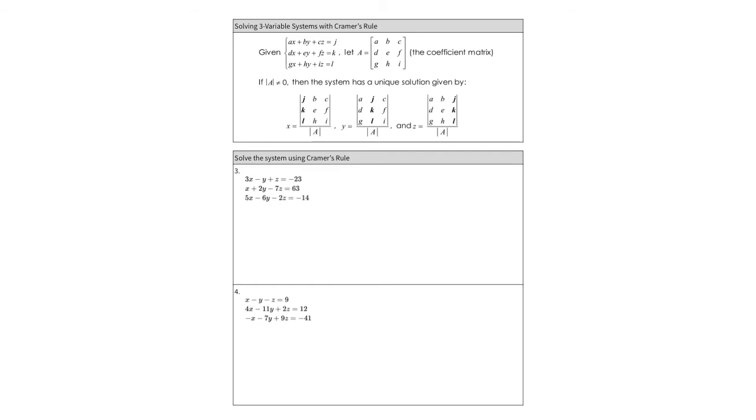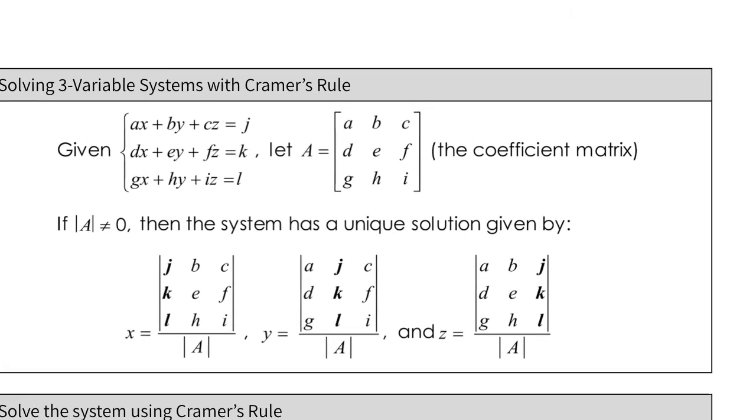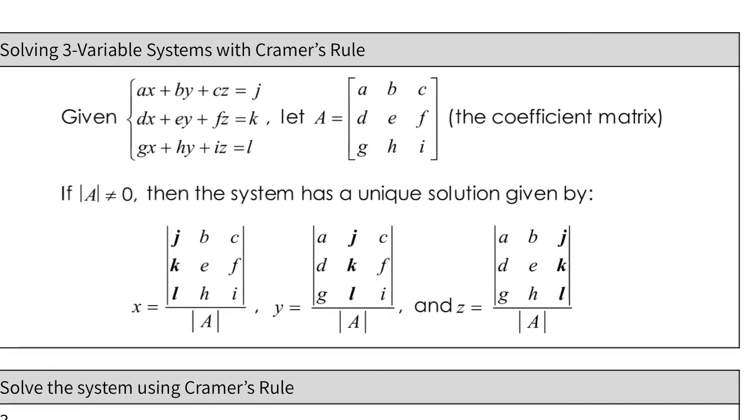Okay, so with a 3 variable system of equations, Cramer's rule is exactly the same. It's just a little more complicated because there's more numbers to work with. So again, given a 3-variable system, and if you take a look, there's coefficients in front of each of those variables. That's what this is here.